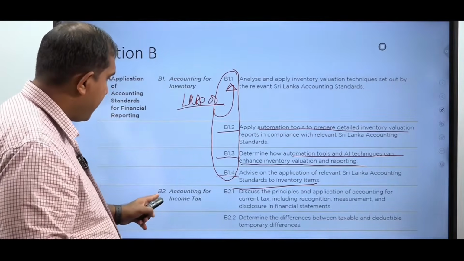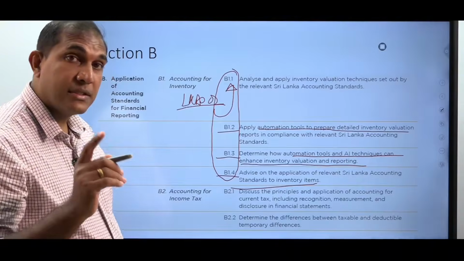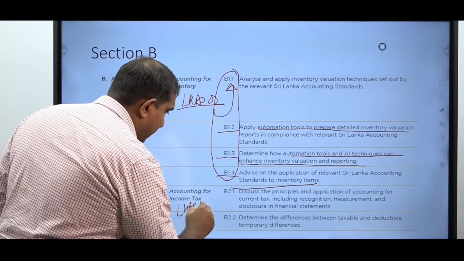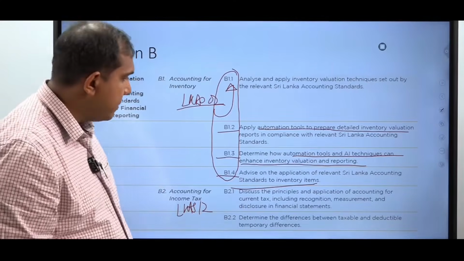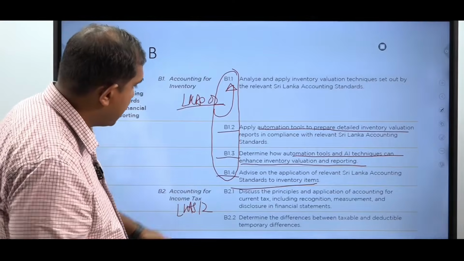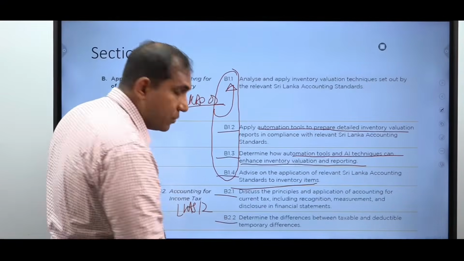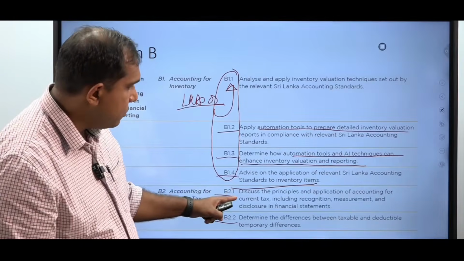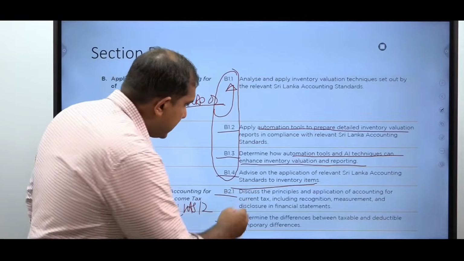Accounting for income taxes. What's the standard? LKAS 12. How many objectives? 2.1 and 2.2. In this case, what we need to do? Discuss. This is the action verb.